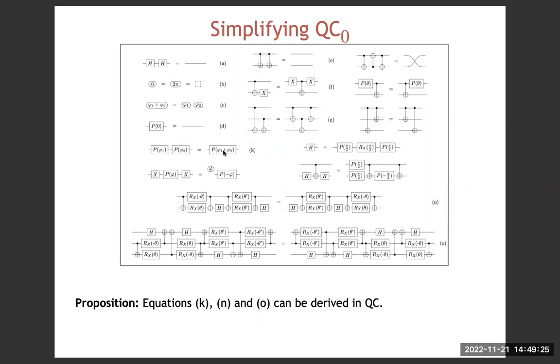So we can derive this K, so it's not necessary anymore. And very recently, with Noé Delorme and Renaud Villemar, we proved that these two bigger equations can also be derived from the other ones and the Euler decomposition, which simplifies the axiomatization of the language.